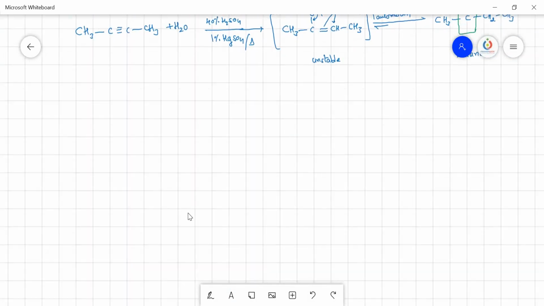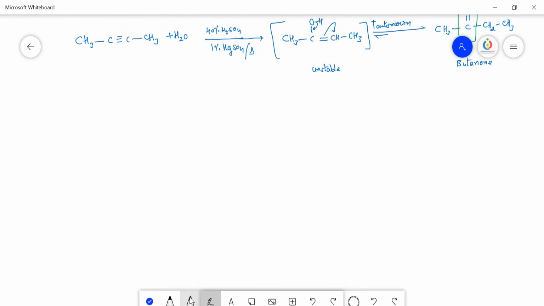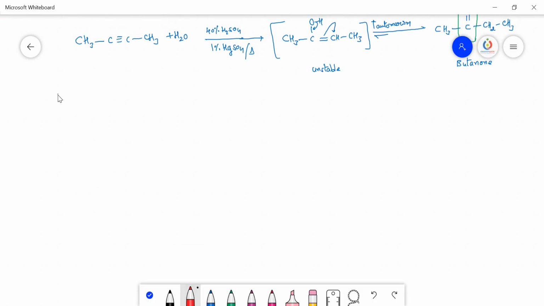So next one, addition of hydrogen cyanide. Addition of HCN. Just like the water molecule, this is also an unsymmetrical reagent. So I'll take CH triple bond CH plus HCN, hydrogen cyanide.